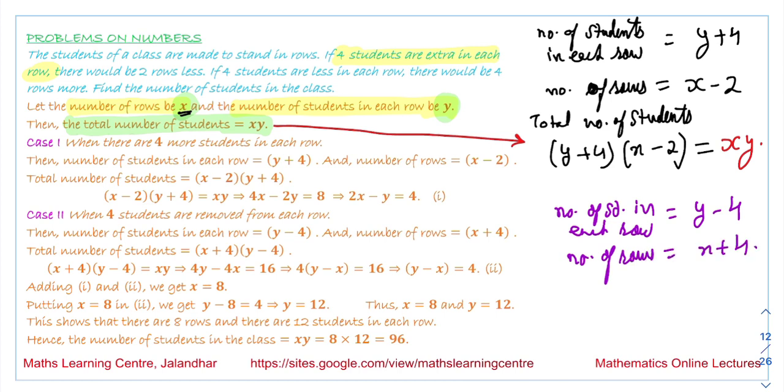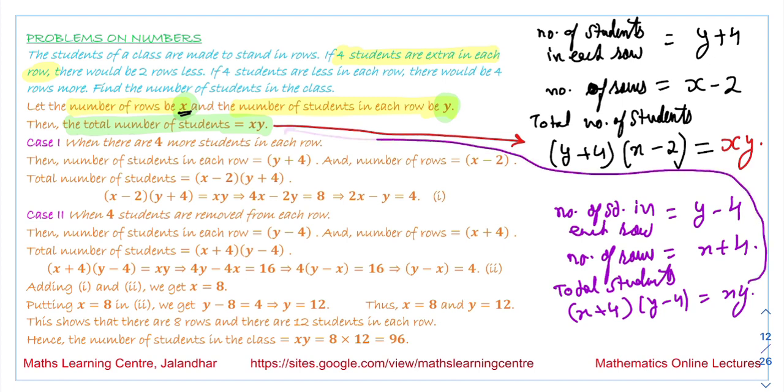So the total number of students will be x plus 4 into y minus 4, that is equal to x into y. Xy is the total number of students.